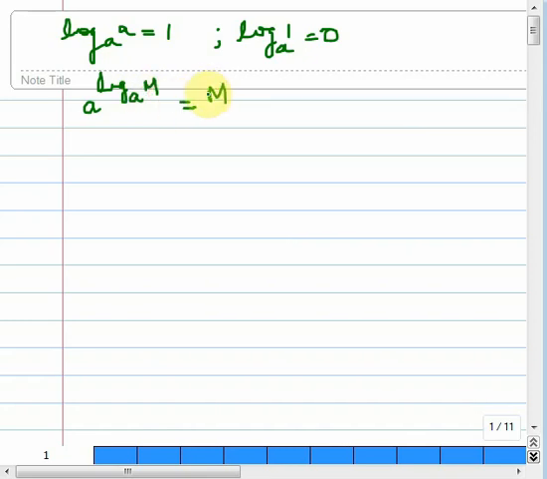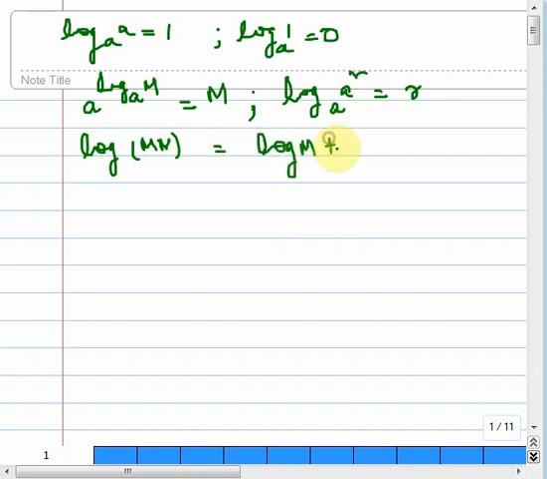And another property is log a to the power r is equal to r, and the rest of the properties I have defined in this lecture. Log mn is equal to log m plus log n, any base you can take, and log m upon n is equal to log m minus log n.